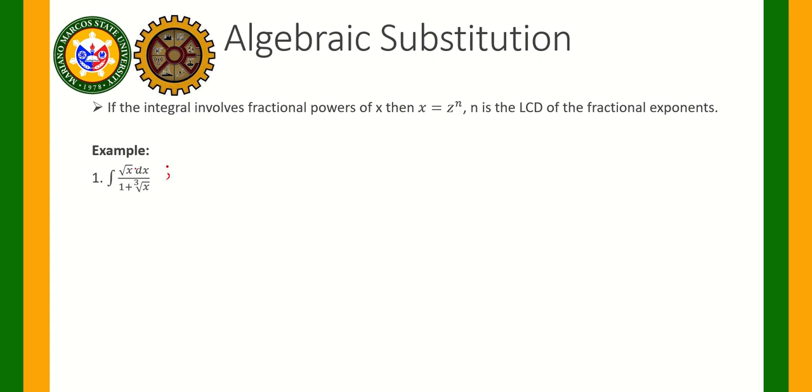If you convert this into fractional exponents, it becomes x raised to 1 half. And this one, x raised to 1 over 3. Therefore, what is the LCD of our fractional exponents? That would be, what is the LCD of 3 and 2?